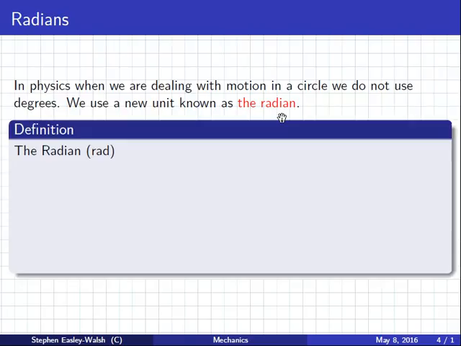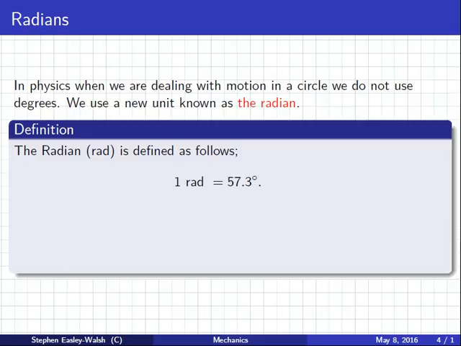Now, the definition of the radian, or rad for short, is defined as, just to be clear, this is the physics definition that I'll just use for class. There's a more technical definition in maths. So for physics, we can just think of a radian as being 57.3 degrees.